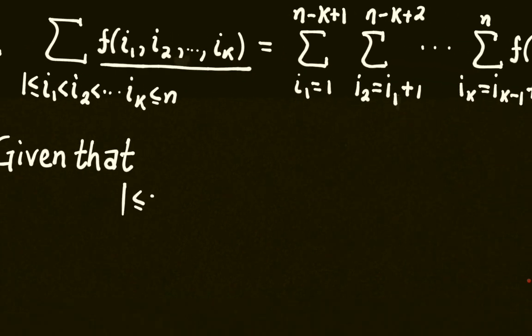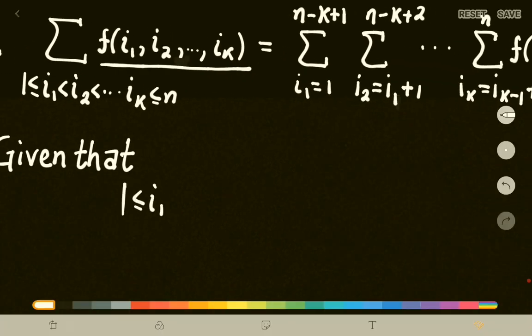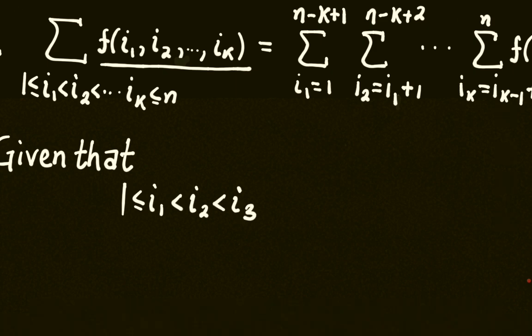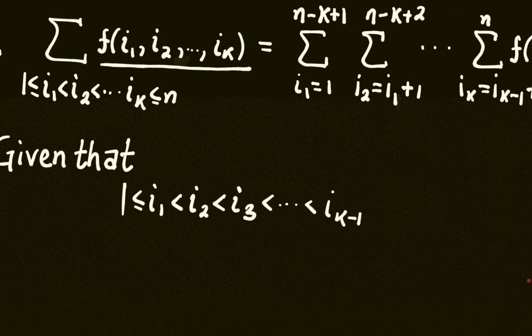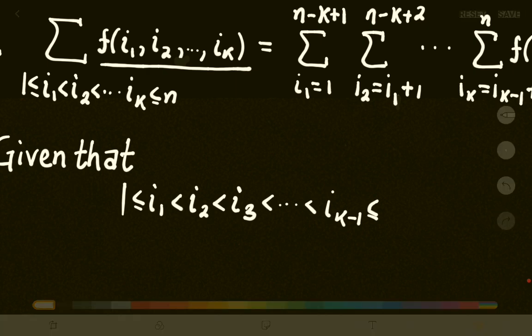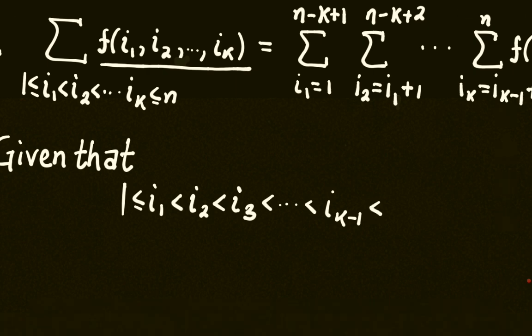1 is less than or equal to I1, which is less than I2, which is less than I3, all the way up to I sub k minus 1, which is less than or equal to n.